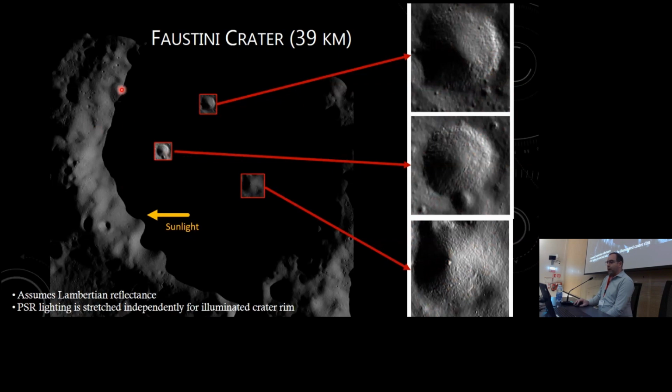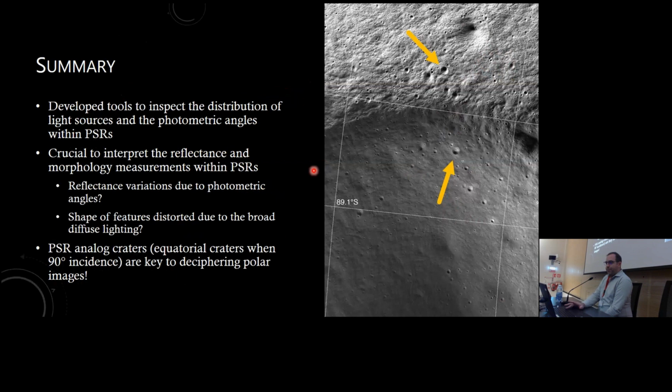If you're near the crater wall here, you're illuminated on 3/4 of the side, whereas once you move further from the crater wall, you're only illuminated from part of it. So you really have to think about all those types of angles and what's going on there. It's a little tricky and makes it pretty complicated.